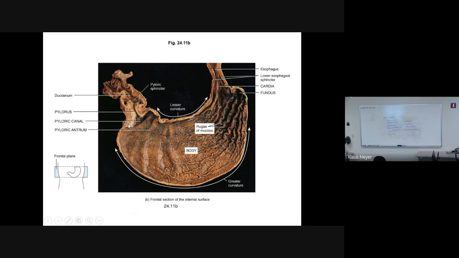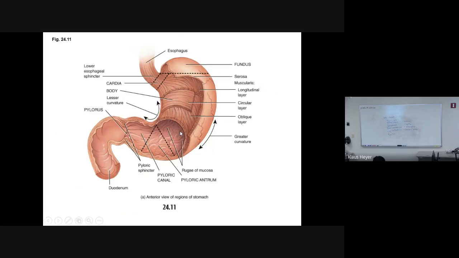You've got sphincters on both sides, keeping this acid here. This region of the stomach is called the pylorus, so that's why this sphincter is called the pyloric sphincter. You've got a cardiac sphincter and a pyloric sphincter. This is all acid.